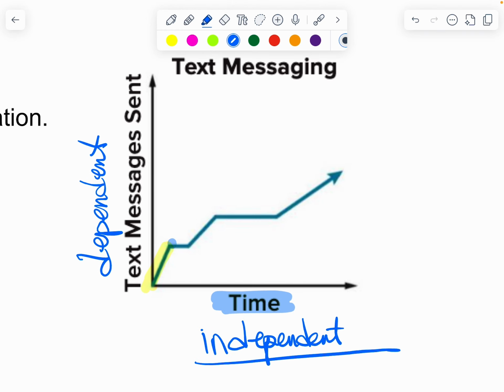And then here, we don't have any text messages happening. And then slowly we get some more. And then here, we stayed the same. And then we keep getting more and more. Or sorry, I should say, we're sending more and more.